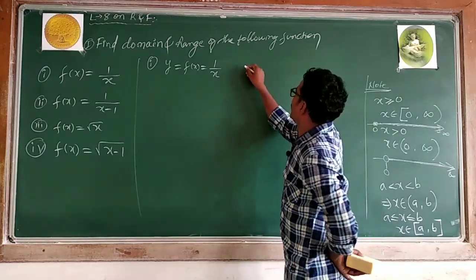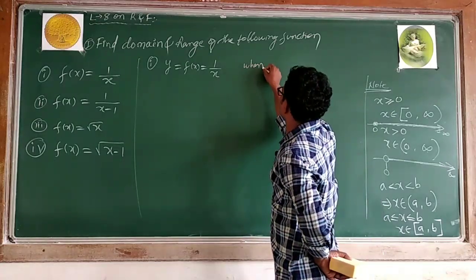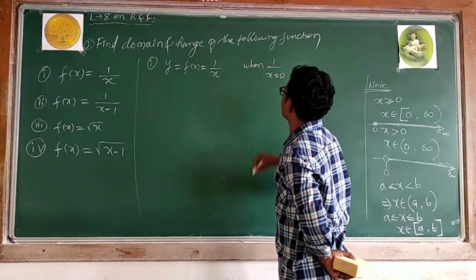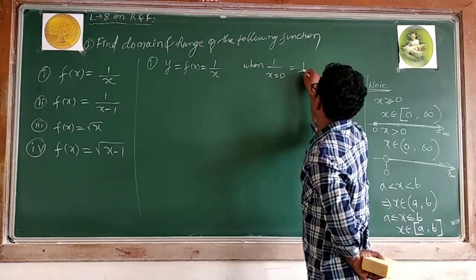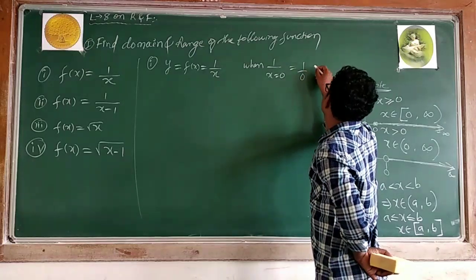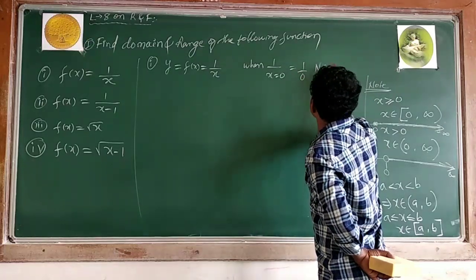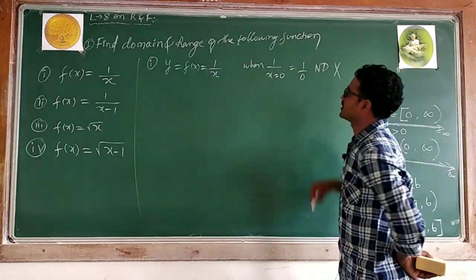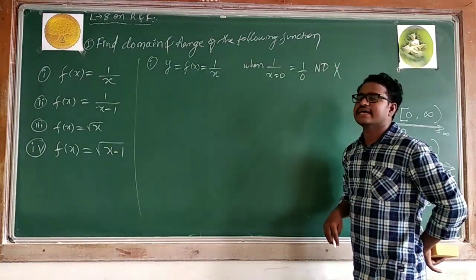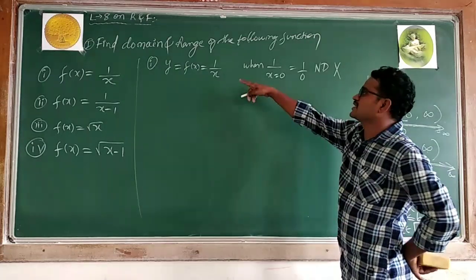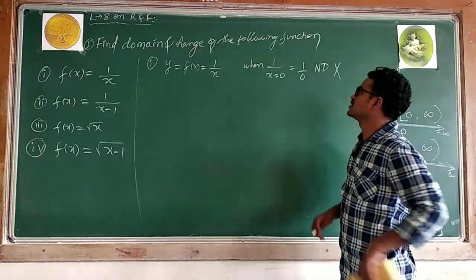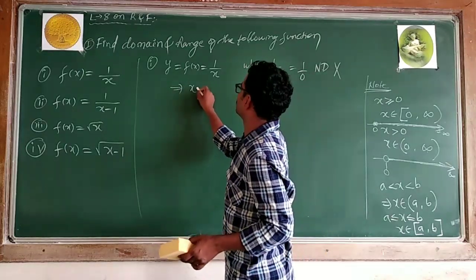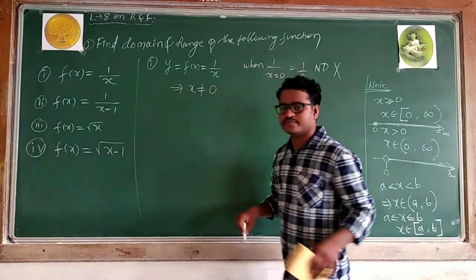If in 1 by x, the x value is becoming 0, in that case I can say 1 divided by 0 is not defined, ND, not defined, means it is not possible to define. So you have to avoid it: x should not be equal to 0.